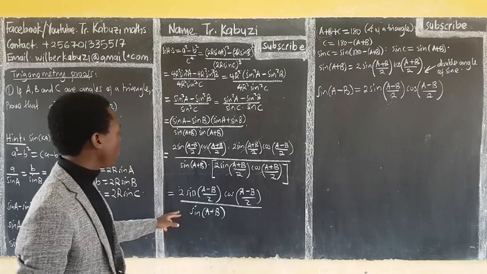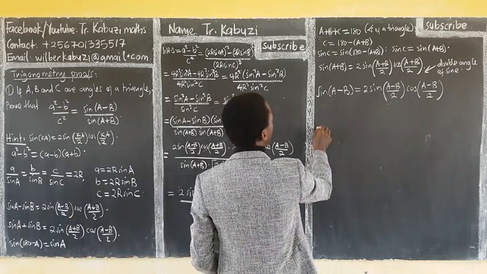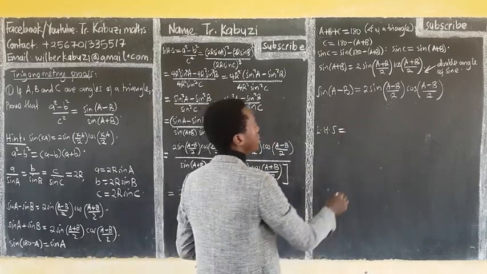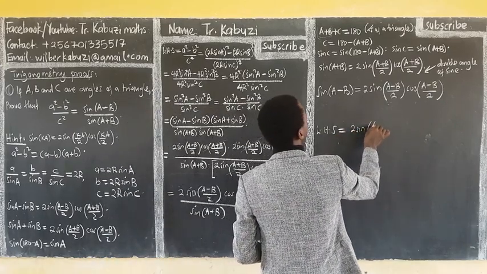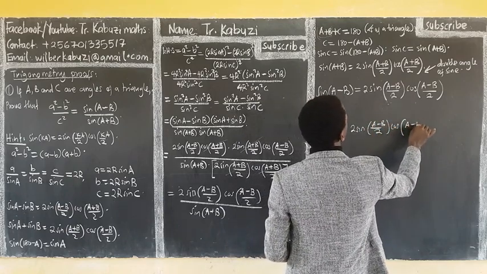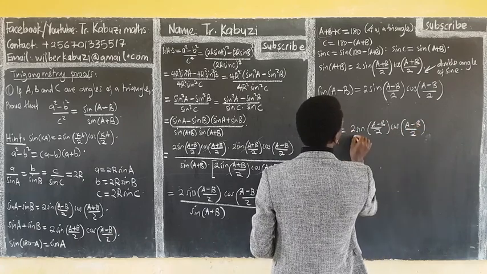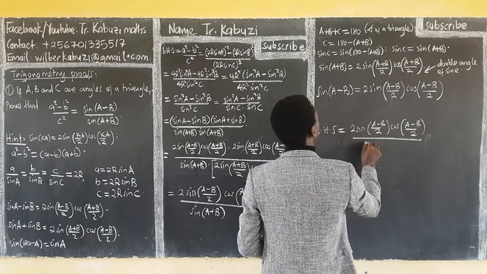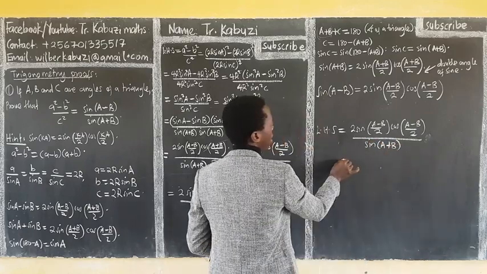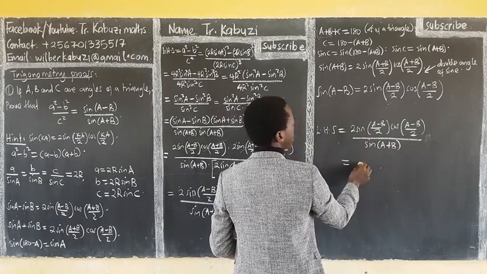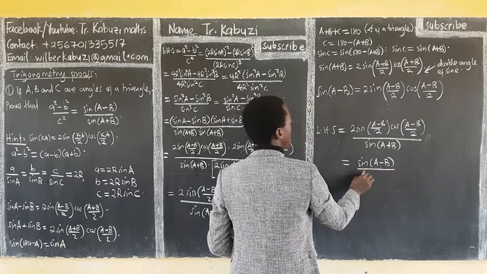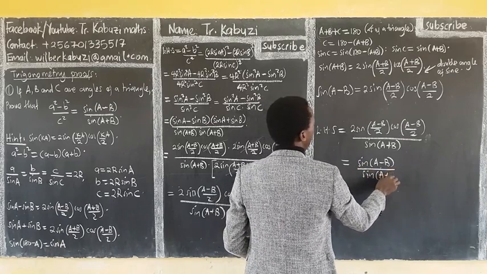So from here, you can see that now our left hand side will be equaling 2 sine, the whole over, plus b. Now you see that the whole of this is sine of (a minus b) over sine of (a plus b).